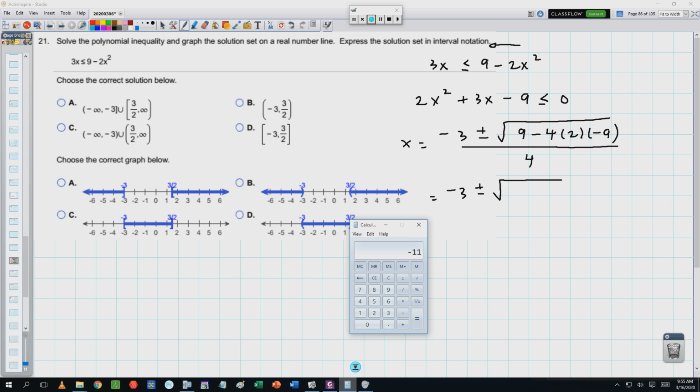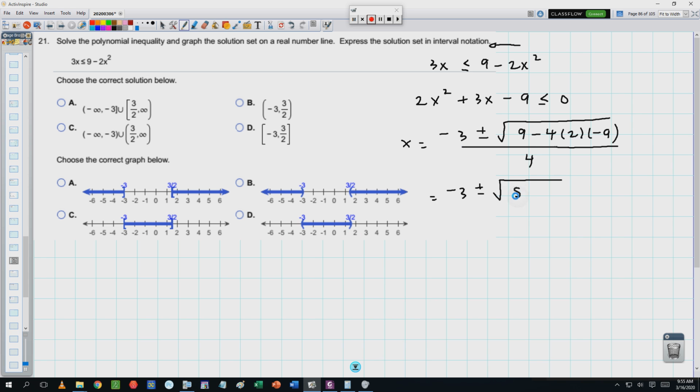Let's see, at the end we have 4 times 2 times 9, negative 72. Actually, there's a minus and a minus, so that'll end up being plus 72 with the 9. It'll be 81, which will be negative 3 plus or minus the 9, over 4.